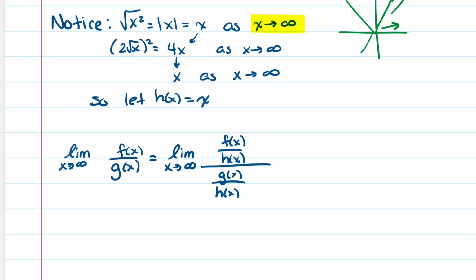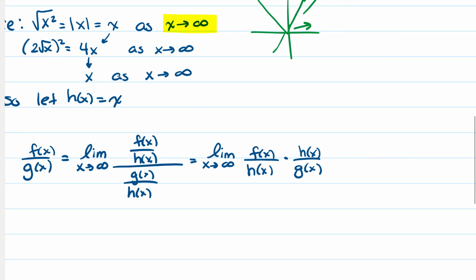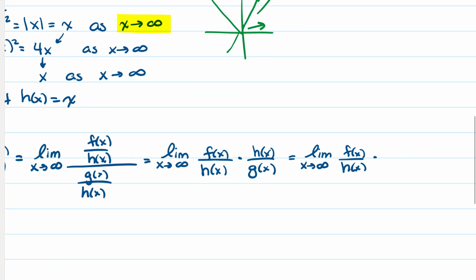And just doing the algebra to make this a little easier, it's the limit as x approaches infinity of f of x divided by h of x times h of x divided by g of x. Again, if we cancel the h of x, we're left with what we started with. So this is the limit as x approaches infinity of f of x divided by h of x, times the limit as x approaches infinity of h of x divided by g of x. That's the limit properties in effect.